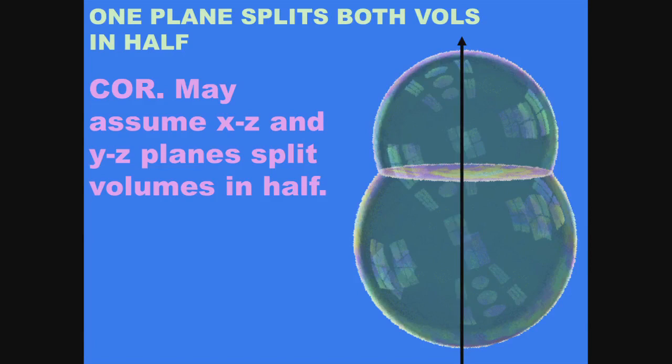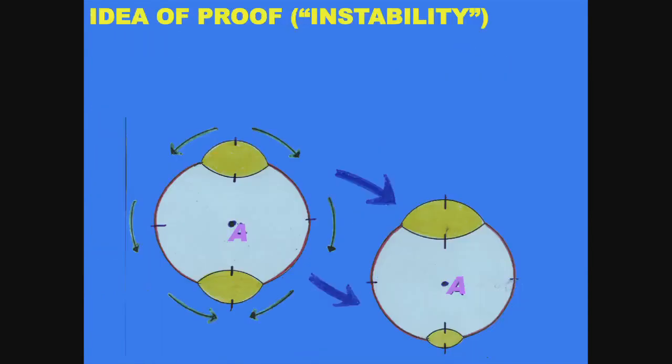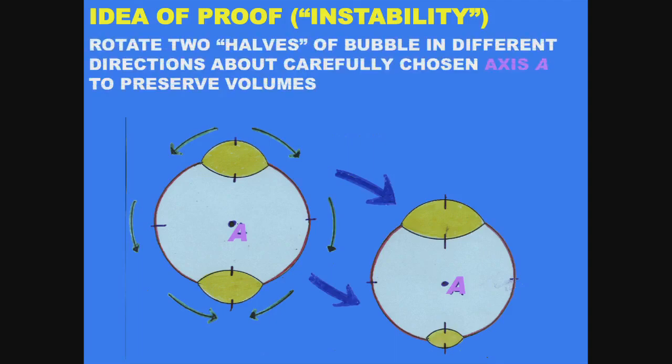And I'll give you one other little glimpse into the proof, how you eliminate this possibility of a central bubble with an inner tube in yellow wrapped around it from top to bottom. That one case. You prove that that's unstable in the following way. You rotate the left half to the left and the right half to the right.